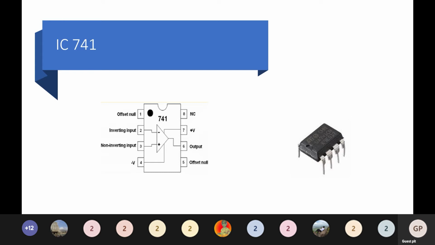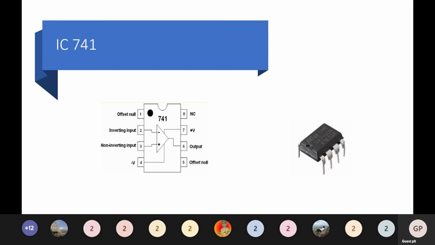You can see a particular package here. We actually have 3 popular packages: a metal can package, a dual inline package, and a flat package. This is a dual inline package, and that too a mini dip. Dual inline, we call it DIP, and this is mini DIP because you have only 8 terminals here.